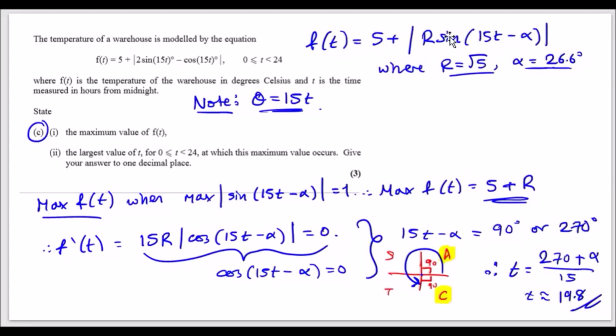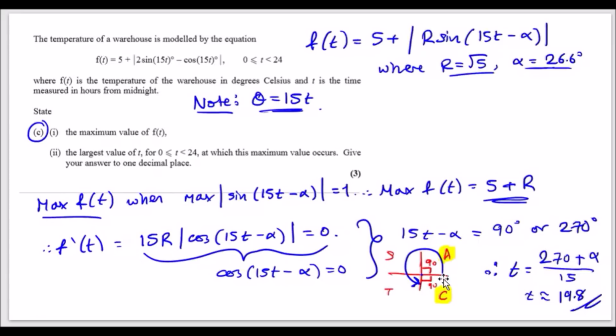Now you have to make this equal to 0, because that's the only way to solve for t when you have derivatives and turning points. So make it equal to 0, and then realizing that if you divide by 15r, that disappears, and you're left with this term here. Now you just do the easy steps. Now we cos inverse this to get 90 degrees, and realize that to get a maximum value, we can of course see the other values of t.